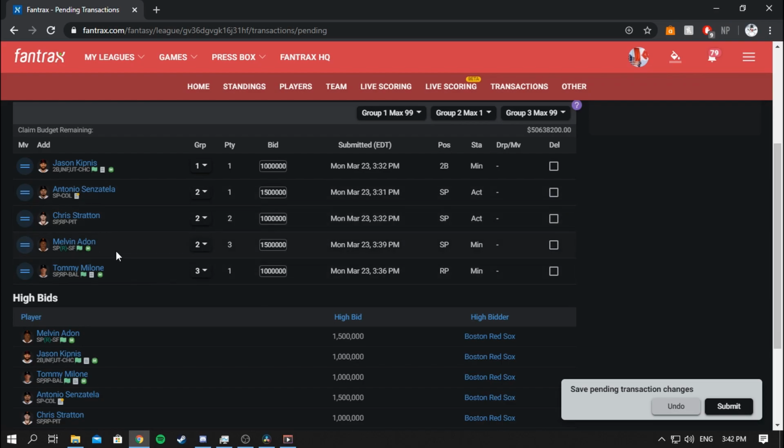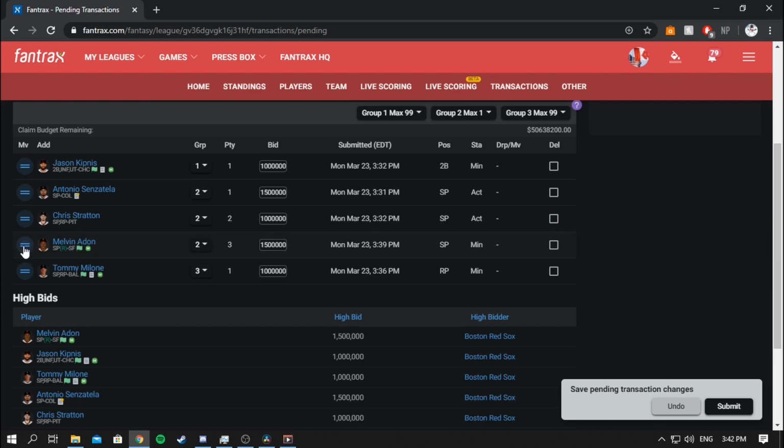If Adon is the 6th person on their list, but they bid $6 million, and they get all 5 of their first 5 choices, then their bid for $6 million on Adon is never going to get registered. So it's worth my while to leave him there, because they might get all 5 of their guys, and I might not get any of these 2. So it's going to fall to Adon, and Adon will fall to me for $1.5 million in this case.